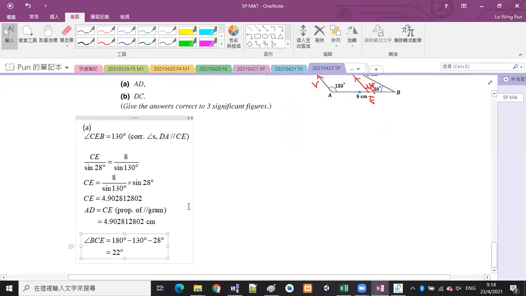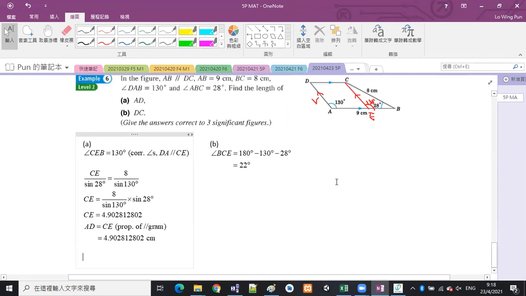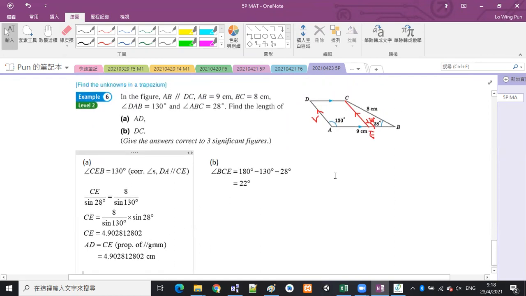Okay. This is part B. And then in triangle BCE, I'm going to use two pairs of corresponding length and angles. Okay. I use this pair and this pair.